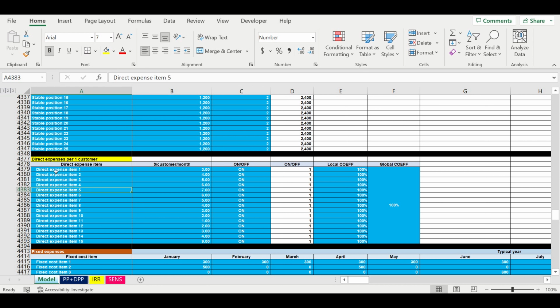So this is another story. Then another group of direct expenses is linked to the amount of new customers, not customers at any given moment, not all customers, but new customers, because we are talking about marketing and advertising.